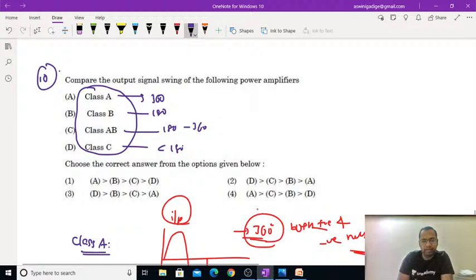Here they are asking about increasing order. A is having 360, next 180 to 360, which means it is AB.